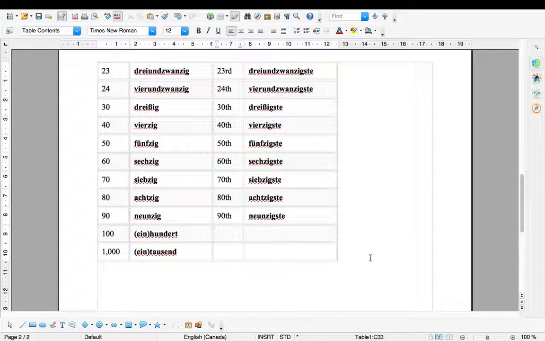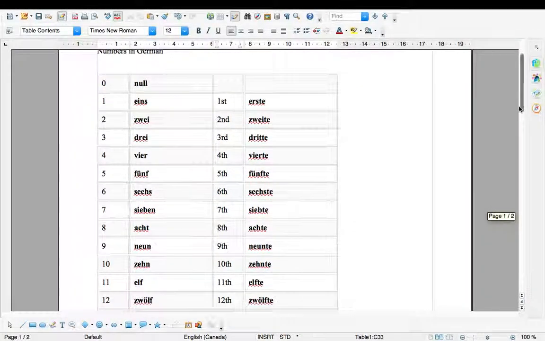Let's try 203. Let's try maybe this number. 1265. Okay, easy. Numbers are very easy auf Deutsch.